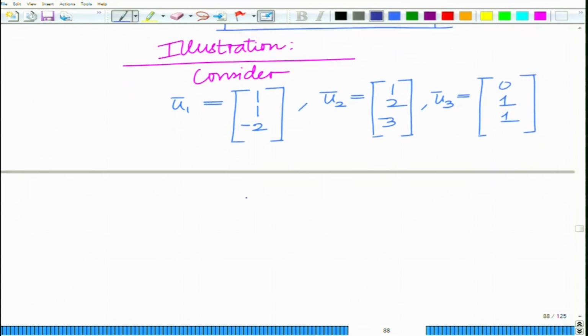And now we have V1 bar equals U1 bar divided by norm U1 bar.